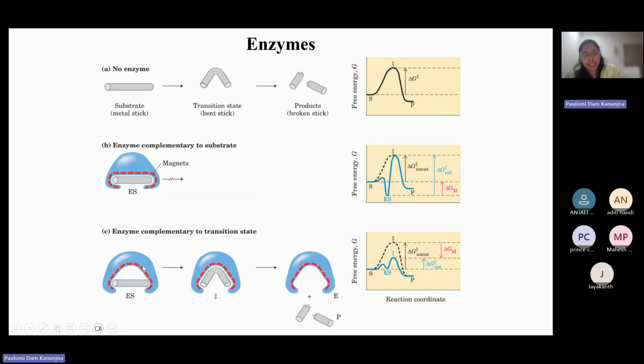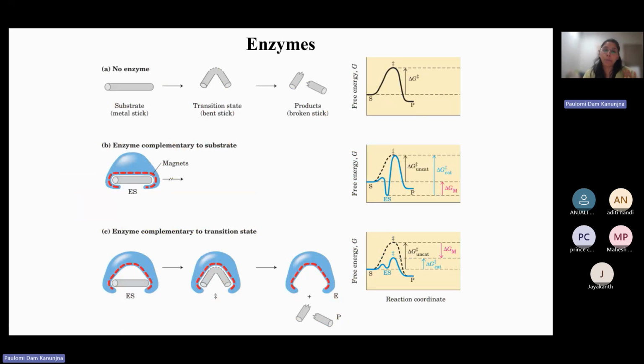Now you have an enzyme which will enhance this reaction, but how does the pocket of the enzyme look? Does it bind to the substrate or does it bind to the transient product that is there? So if the enzyme binds to the substrate itself, in the native form of the substrate, it binds to this perfectly because enzyme and substrate have a lock and key fit. If it fits itself perfectly, now imagine what is to be done.